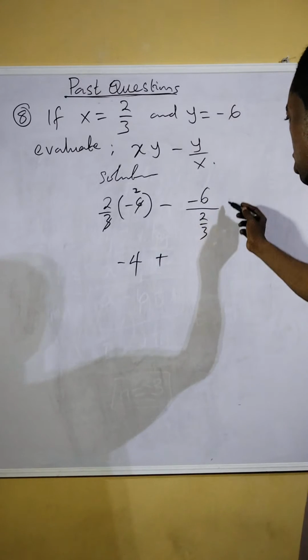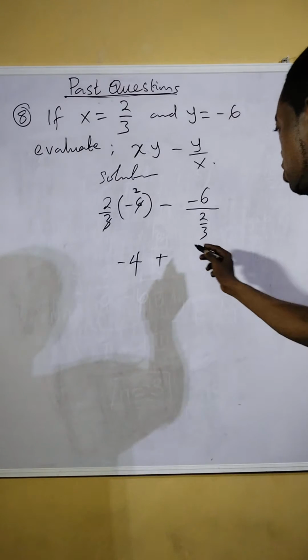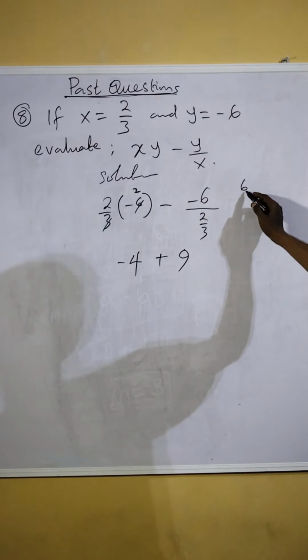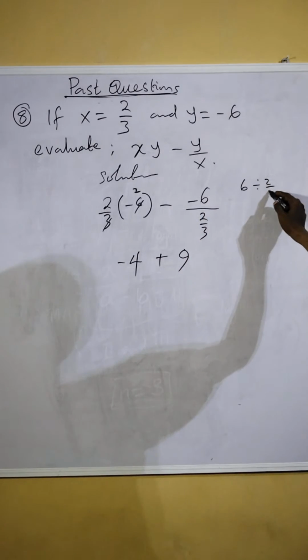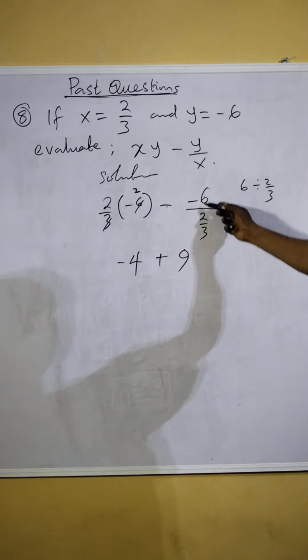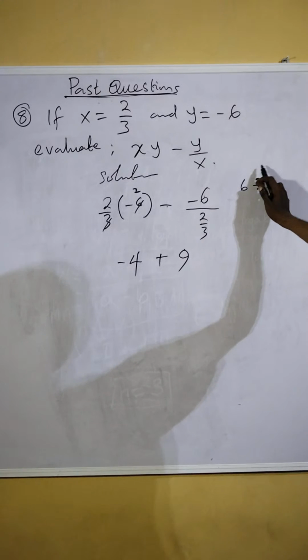Here, be careful when handling this fraction. Let's say we have 6 divided by 2 over 3. Assuming this minus has been multiplied and turned to plus, this division can be written this way.